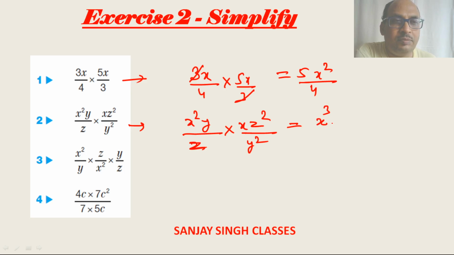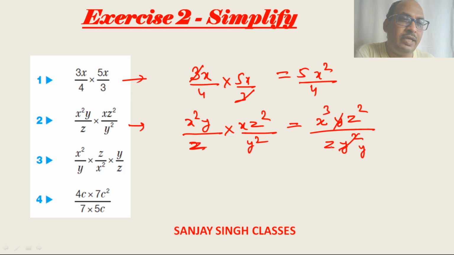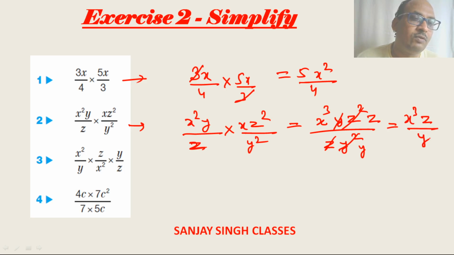Similarly y square, y only is there and here z square is there, so it will become yz square divided by again zy square. So with this y you can cancel one y, with this z you can cancel one z. Now our answer will become x cube z by y. Okay.